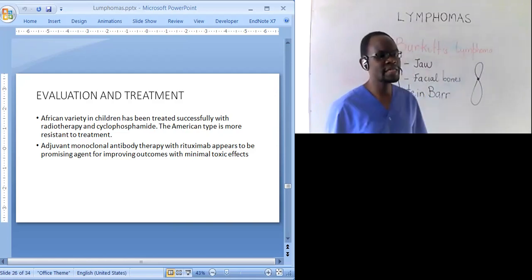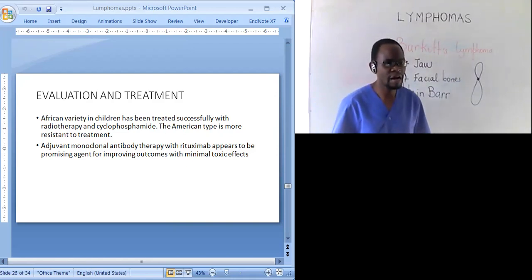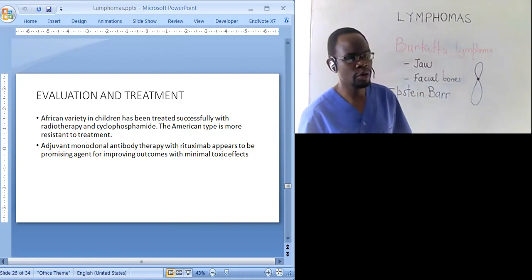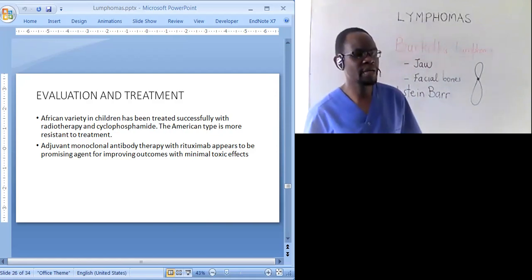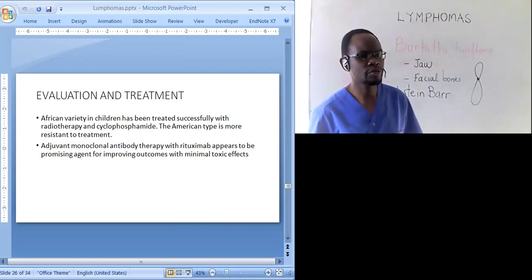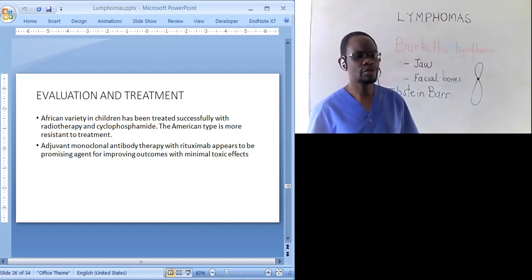However, the American type is quite resistant to treatment. Unfortunately, we don't have it, but adjuvant monoclonal antibody therapy with rituximab appears to be a promising agent for improving outcomes with maximum toxic effect.